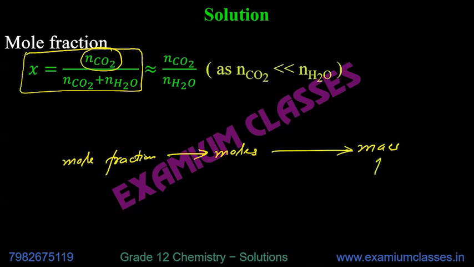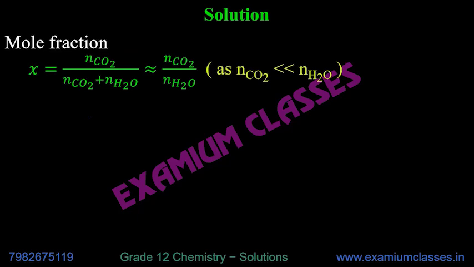What is required? Mass. For that you will need moles of carbon dioxide. Moles of carbon dioxide can be obtained from mole fraction, which can be obtained from Henry's law. So Henry's law gave you mole fraction. Mole fraction will give you moles of carbon dioxide. Moles of carbon dioxide will give you mass of carbon dioxide in 500 ml.